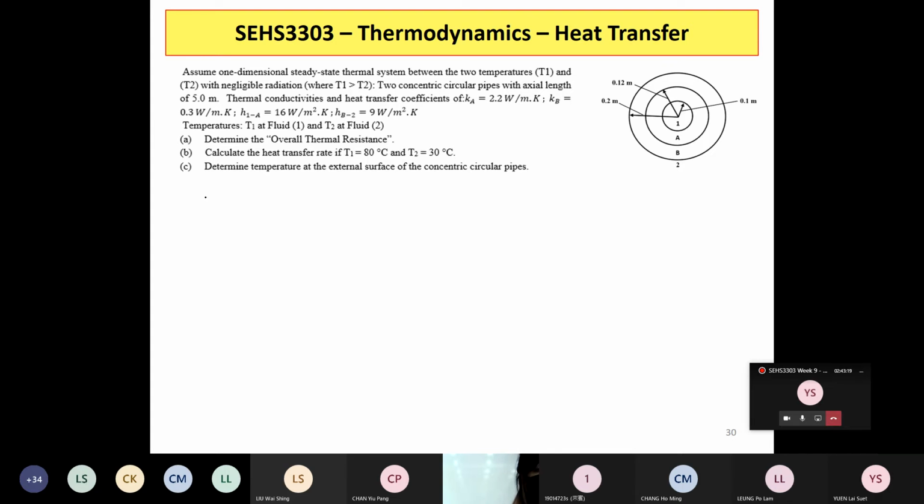We have convection from fluid 1 to this surface, R1. Then conduction through the wall of pipe A, with resistance RA, and conduction through the wall of pipe B, so we have the resistance RB.